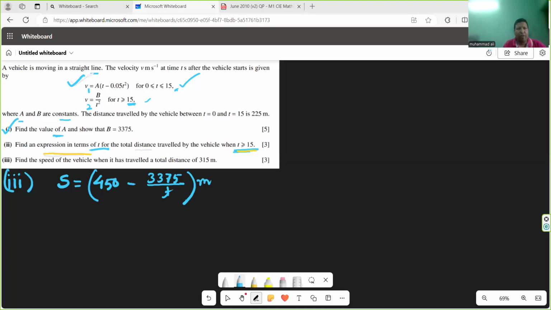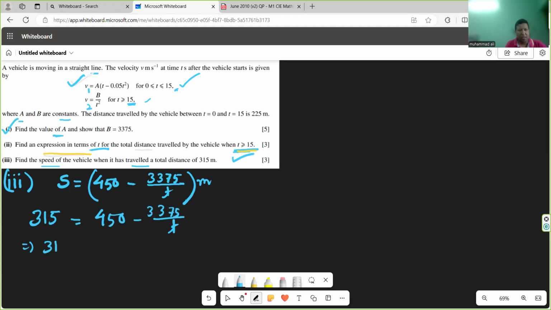Part 3: find the speed of the vehicle when it has traveled a total distance of 350. So when the total distance is 315, we have to put that in, and from here find the time. 450 minus 3375 by t.